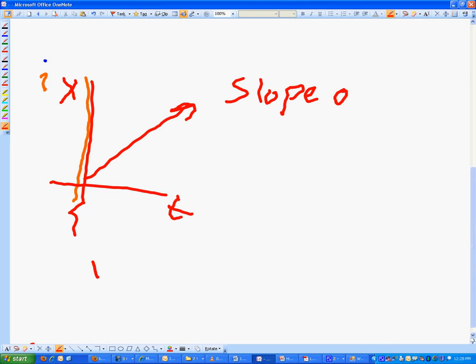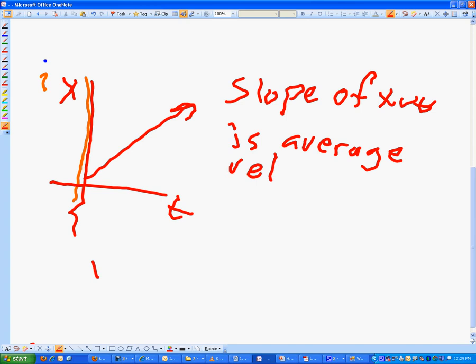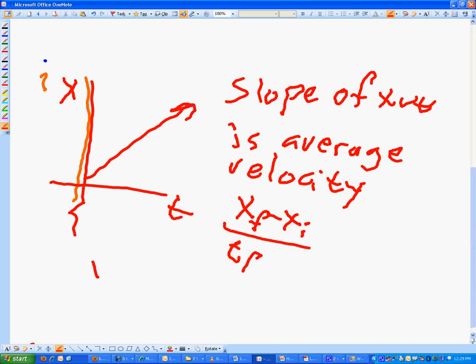The slope of x versus t is the average velocity. We should already know that, hopefully. To find slope, we should be doing the final position minus the initial position divided by the final time minus the initial time.